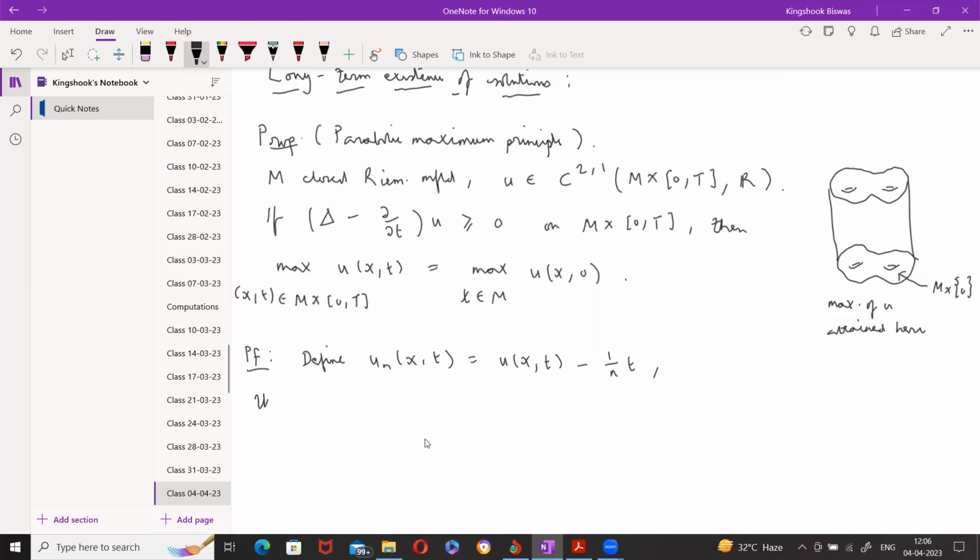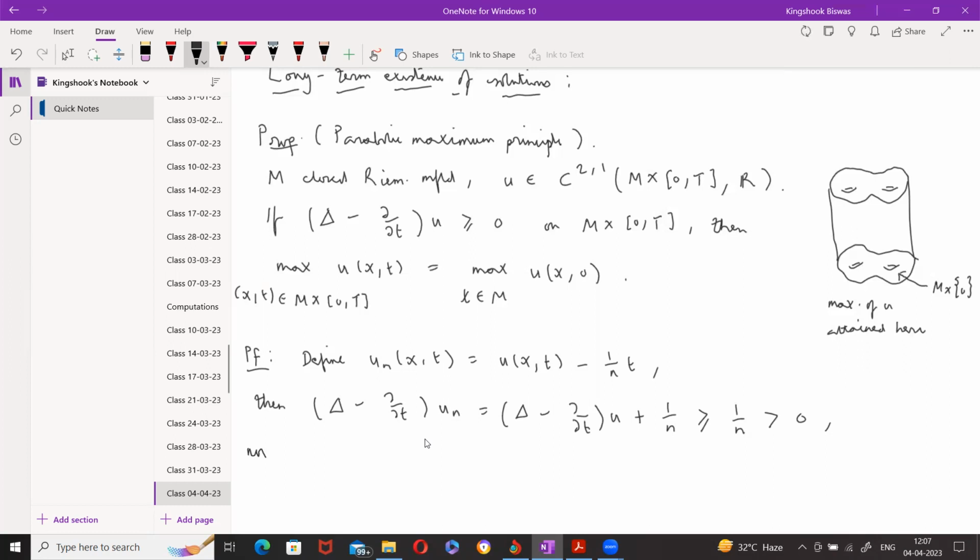Then Laplacian minus ∂_t of u_n will be Laplacian minus ∂_t of u plus 1 over n, right? Okay, so this is greater than or equal to 1 over n by hypothesis, which is strictly positive. All right.